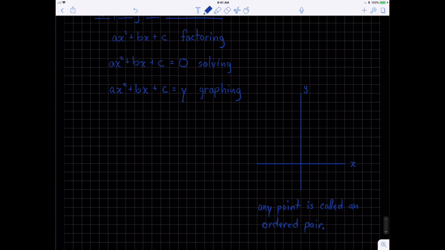For example, right in the middle there is the point where x is 0 and y is 0, and it's always x and y. That's this middle piece. It's also called the origin.